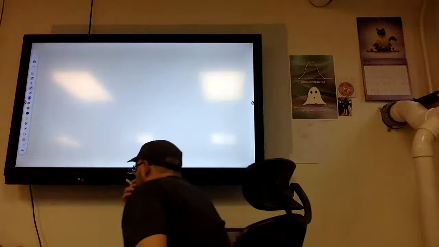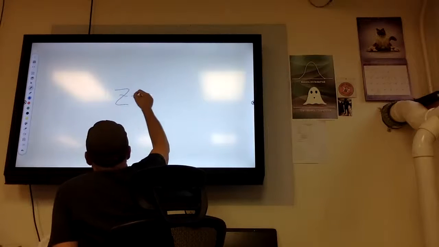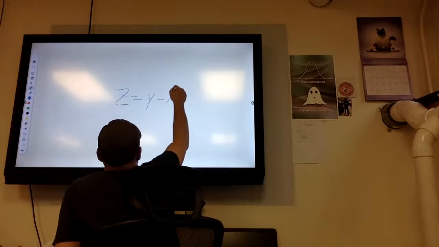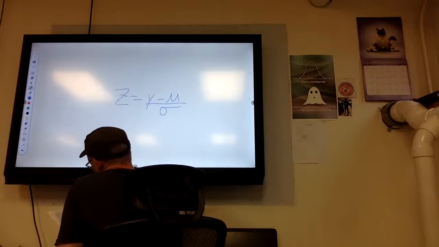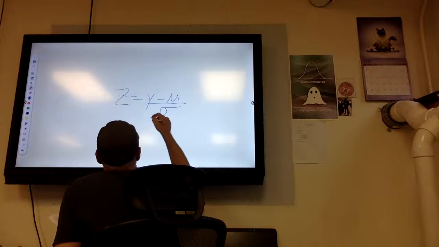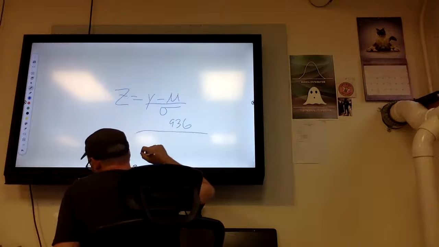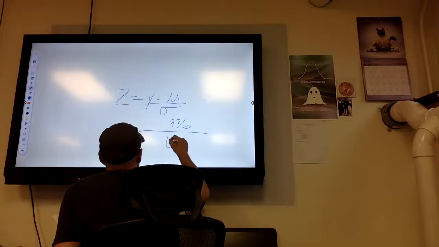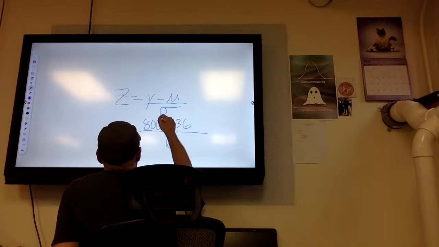Now that you've frozen and had a chance to do it. Okay, whenever I'm doing a normal model question, I am going to get on the board z equals y minus mu over sigma. The mean in this was given at 936, and the standard deviation was 61, and they were looking at 800.